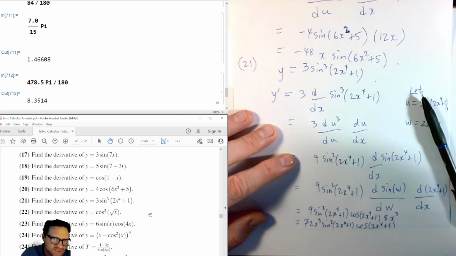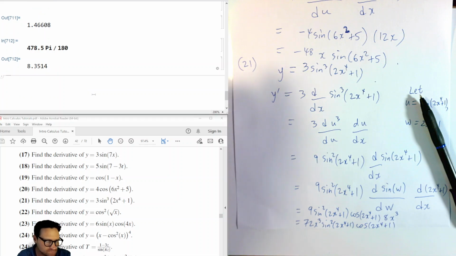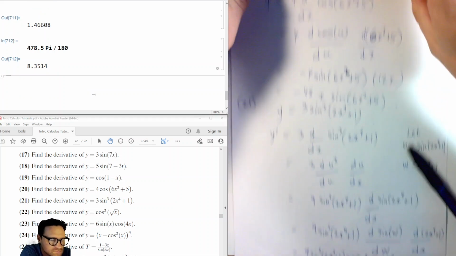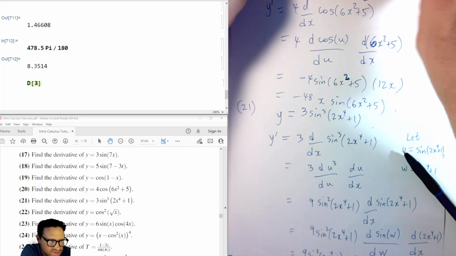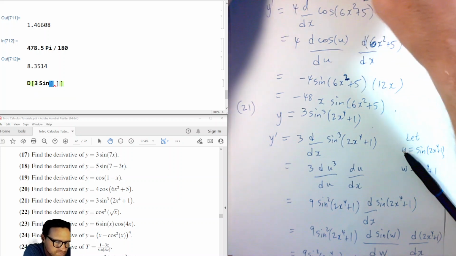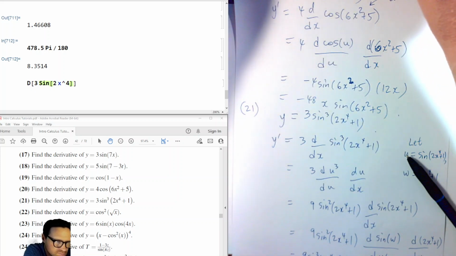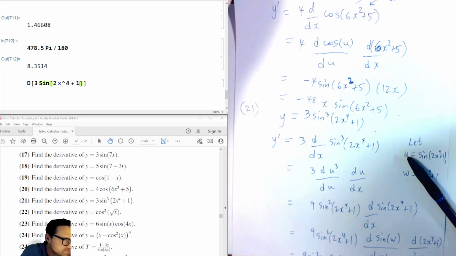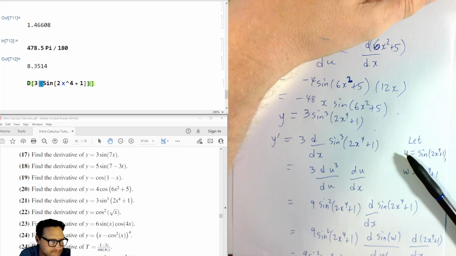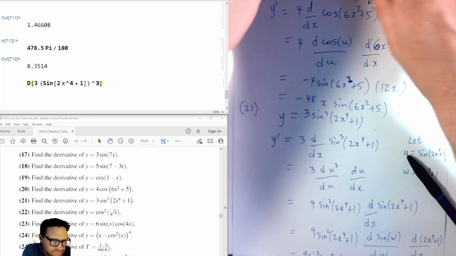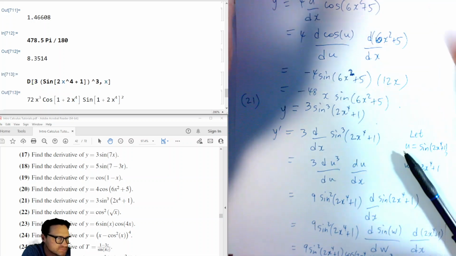Let's get Mathematica to check this. So we were differentiating three sine of (2x to the 4th plus 1), and then I will cube that and differentiate that with respect to x.